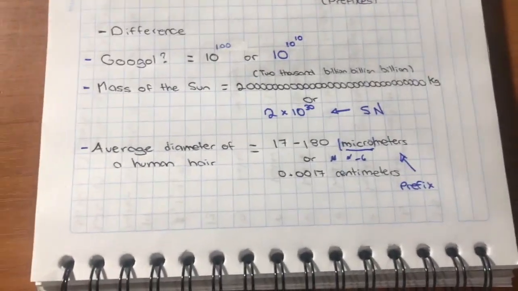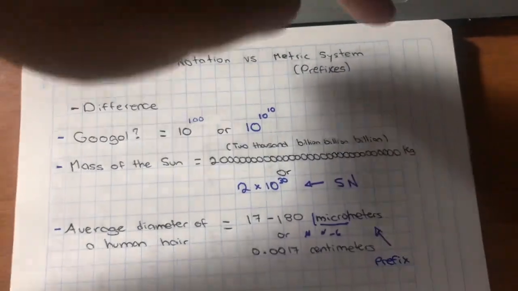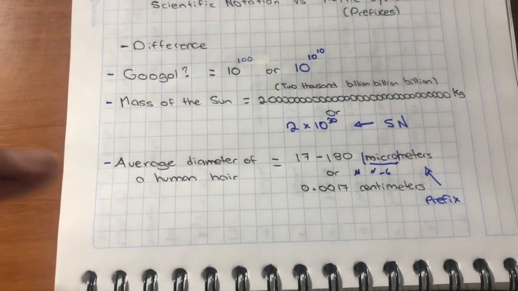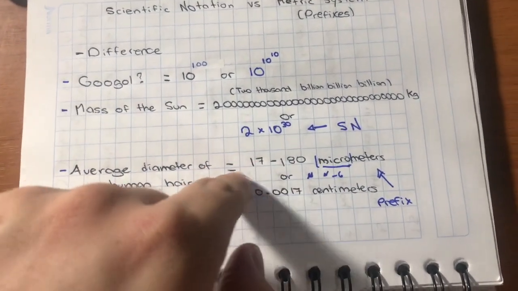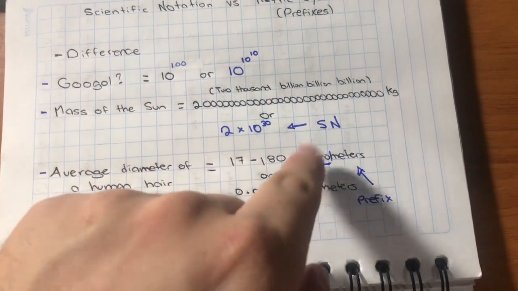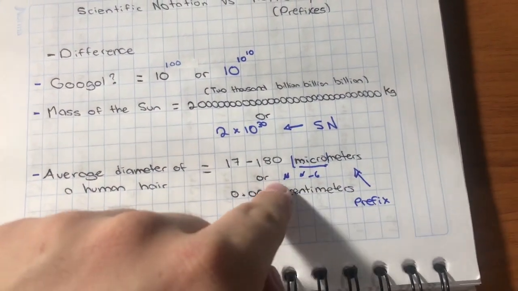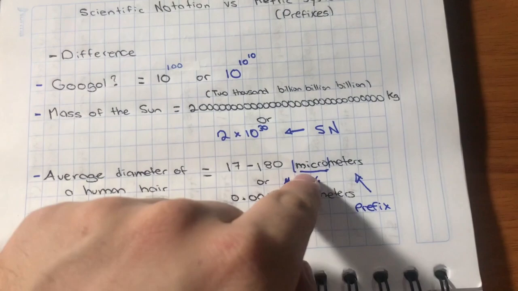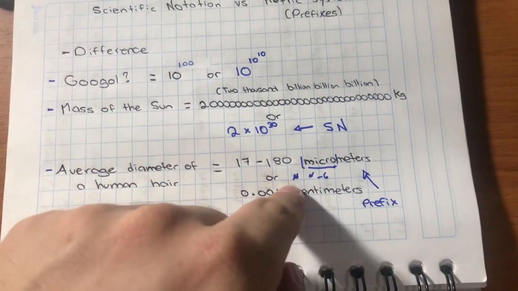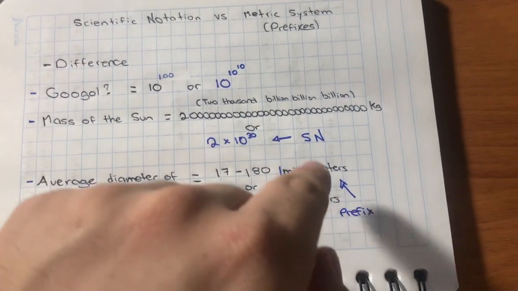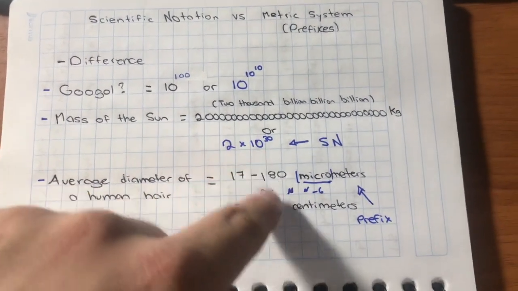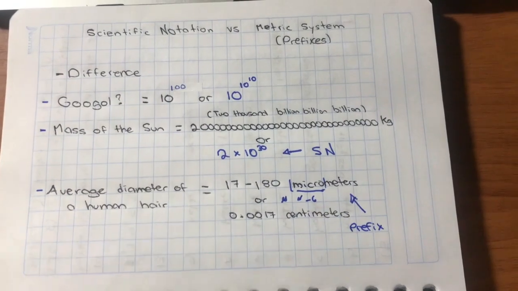Then, in another example, using the prefix system, we have the average diameter of a human hair, which is 17 to 180 micrometers. The symbol of micro is the Greek letter mu, and it is the same as 10 to the exponent -6 in scientific notation.